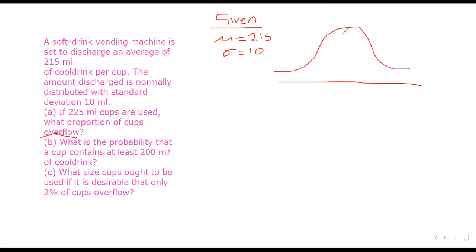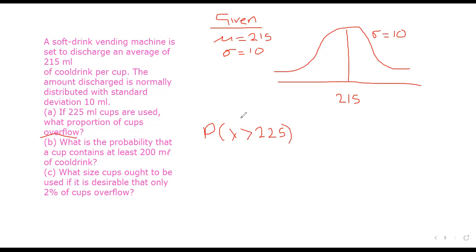What is in the middle? 215. And the standard deviation? 10. Then part A, what is it asking for? Probability of X greater than 225.